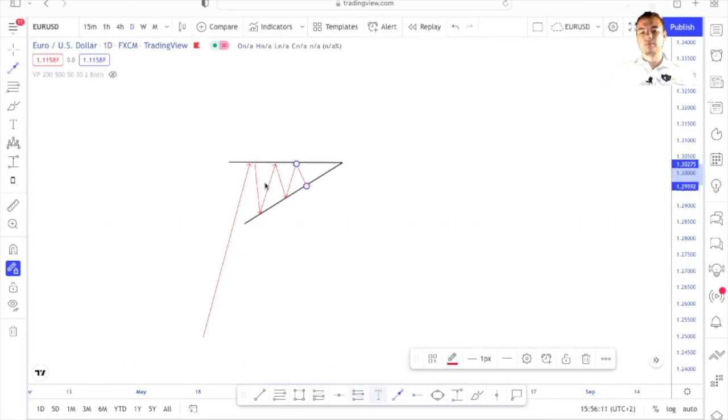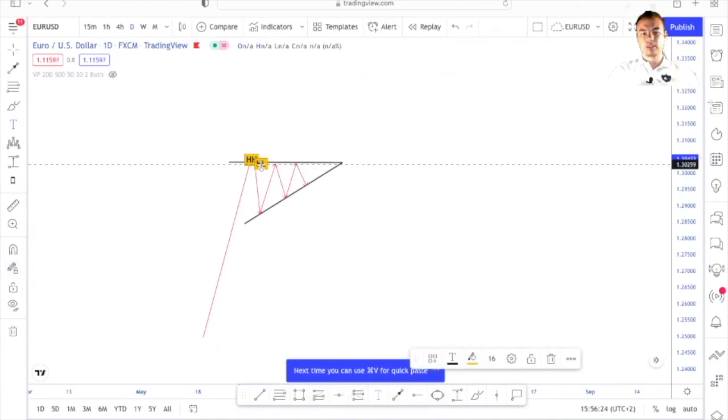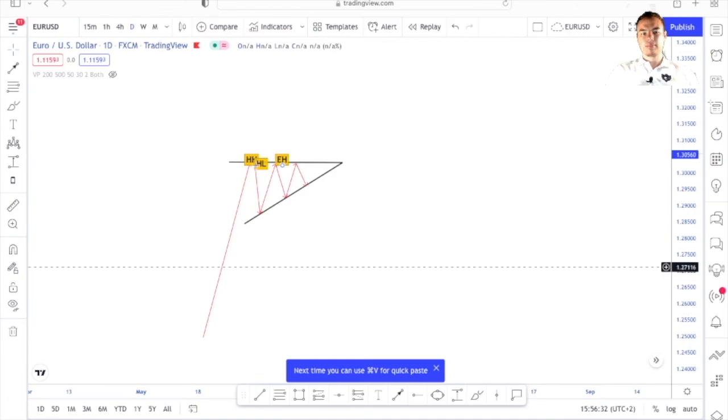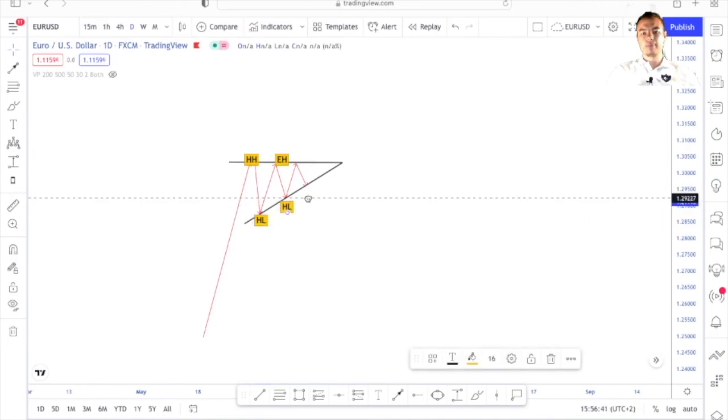So higher high, higher low. Let me just do this, equal high, equal high. There's your higher low here. After the equal high, it makes a new higher low. Then again a new equal high. Then again a new higher low.